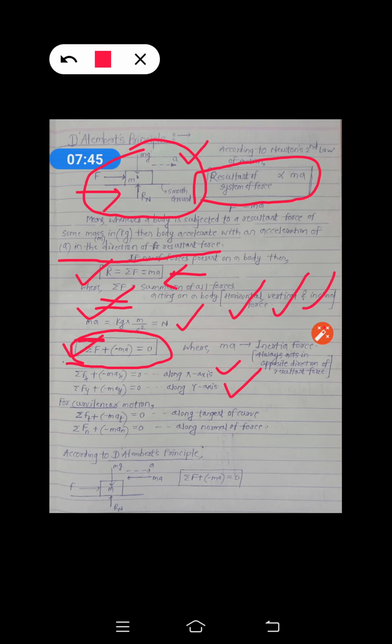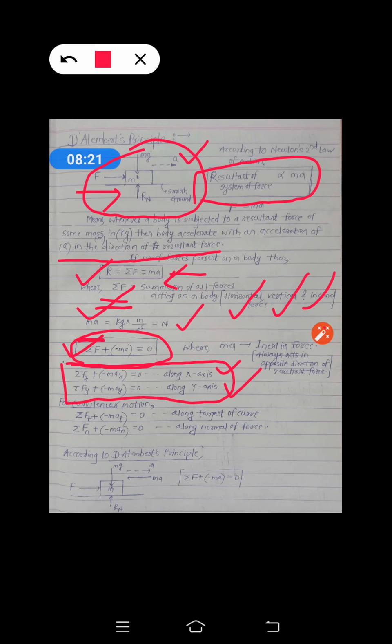Whereas force and acceleration are vector quantities, meaning these terms have magnitude as well as direction. That's why we define f and a in the x direction, and m we take as it is, that is the mass of the body. Similarly along the y-axis, take summation of f of y and acceleration along the y direction.